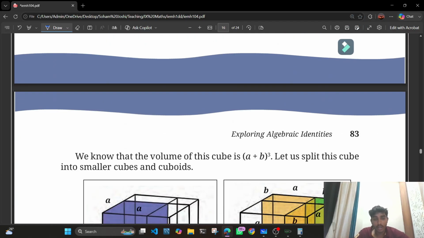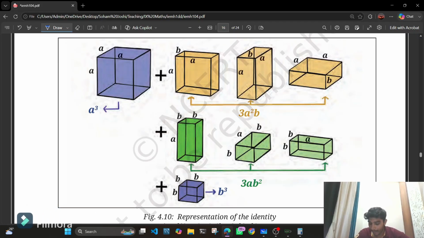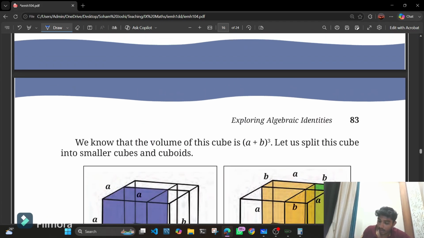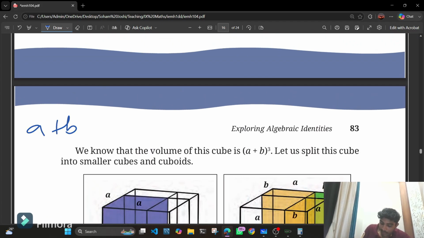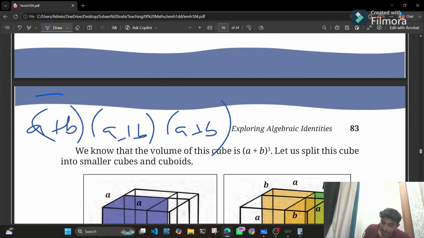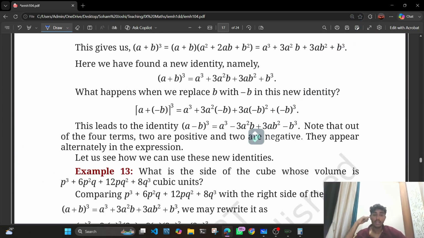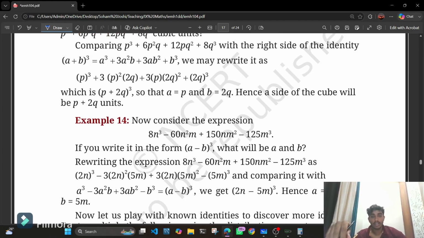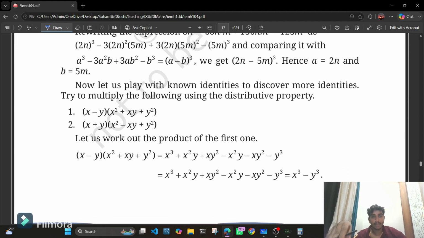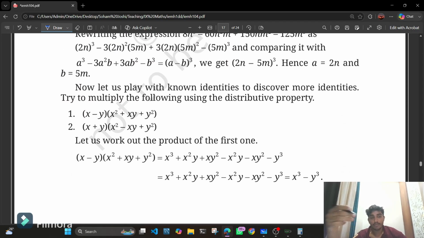You just learn it, and also you can derive it using the expansion, that is (a + b)(a + b)(a + b). First find the square, then multiply the square with the normal bracket again. I hope this particular part is clear, and we can move further.